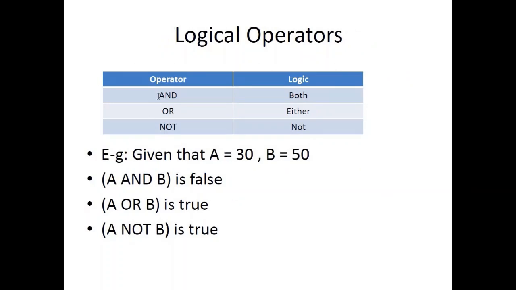Then we have logical operators AND, OR, NOT. They are used when you want to apply one or more than one conditions to some variable or statement. AND means both conditions should be present, OR means any of the 2 or 3 given conditions should meet, and NOT means that the following condition should not be met.